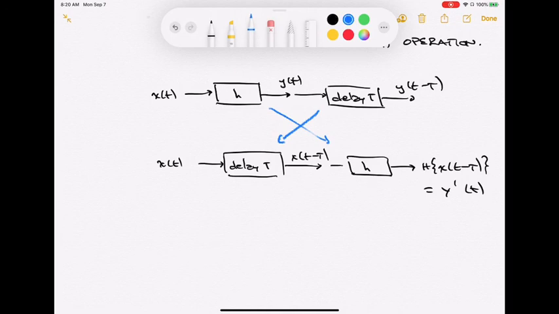If these two are equal, then we have a time invariant system. In other words, if it doesn't matter whether I apply the system first and then delay, or delay first and then apply the system, if I get that commutability between system and delay operation, then I have a system that is time invariant.